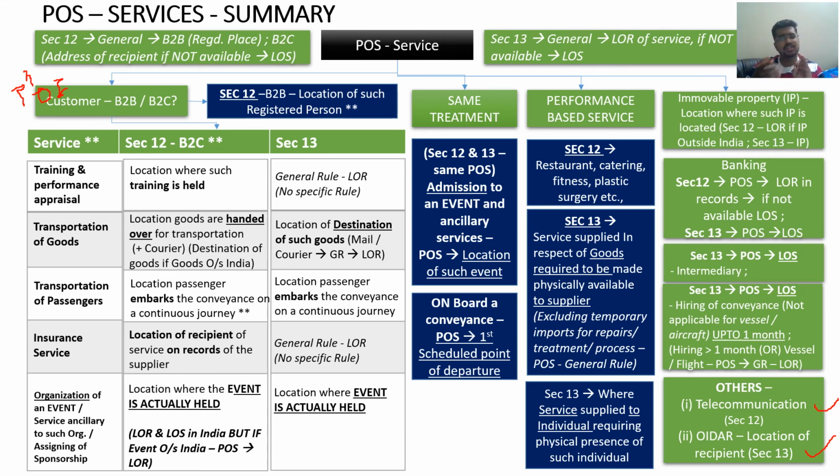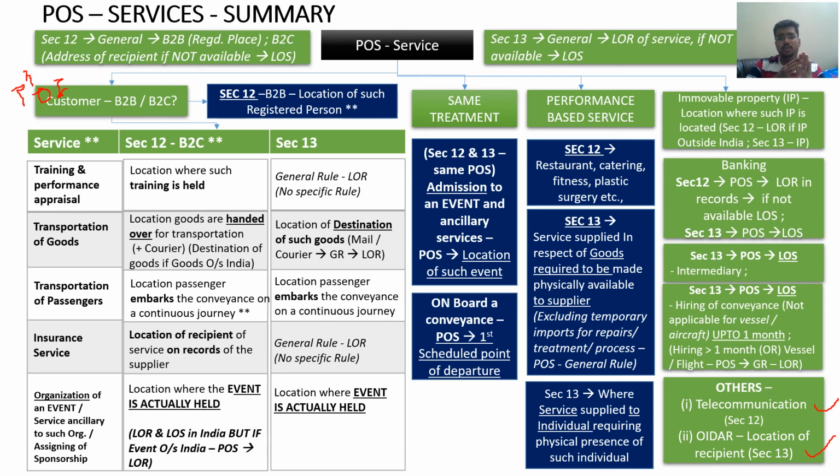In those cases, the place of supply will be location of recipient and not the place of actual performance. General rule will apply, right? And then the third was services provided from a remote location by electronic means in respect of goods. There the place of supply was the location where the goods are situated at the time of supply.